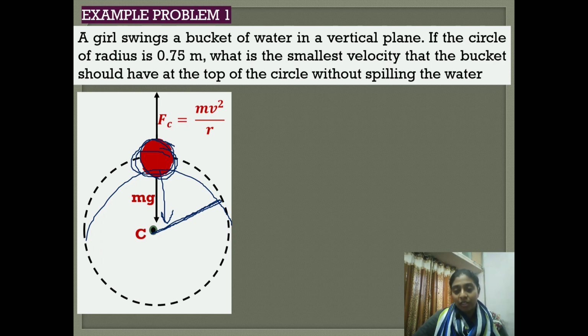Therefore, the force mv square by r will act in the opposite direction. Now it is moving in the vertical plane, so our direction of motion will be like this. So Fc is equal to mv square by r.